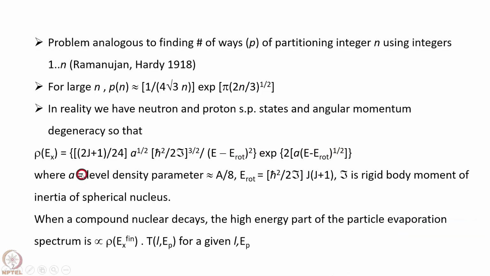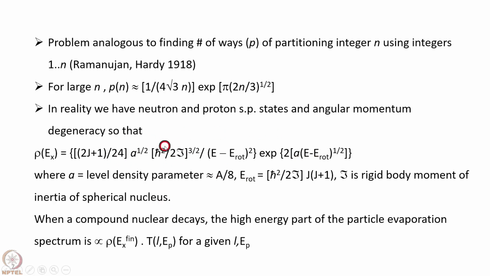Okay. So the level density parameter A is approximately A by 8 for heavy nuclei. The E rot is just given by h cross squared by the moment of inertia, where this moment of inertia corresponds to the rigid body moment of inertia of a spherical nucleus.